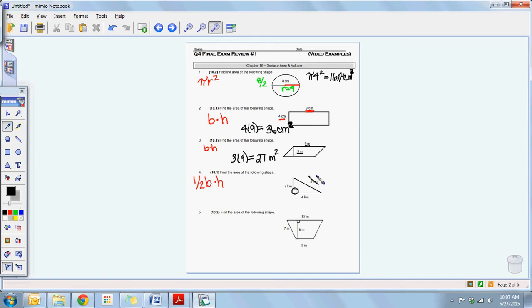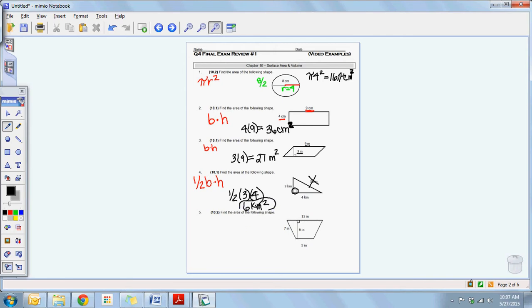So I'm not even going to use 5 in my answer here. I'm going to just do 1/2 times 3 times 4. So I'm going to do 3 times 4 first. 3 times 4 is 12. Times 1/2 would give me 6. So my area of this triangle is 6 kilometers squared.